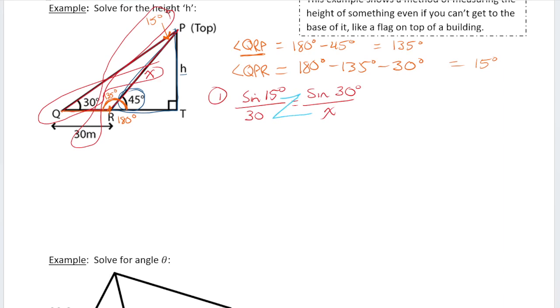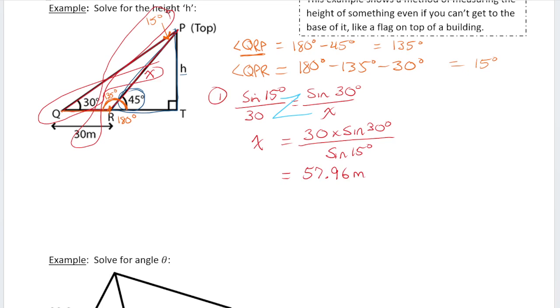To solve for sine law, x is equal to 30 times the sine of 30 degrees, all divided by the sine of 15 degrees. We'll do that on our calculator. 30 times sine 30 divided by sine of 15 gives me 57.96 meters.